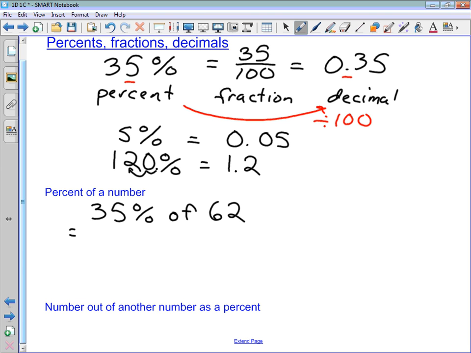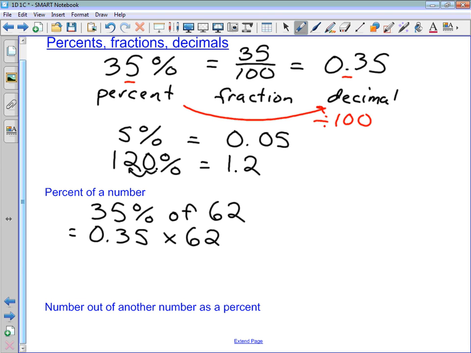What we want to do first, if we've got a question like this, is take our percent and turn it into a decimal. So I've already done that up here. We had 35%. We divided by 100 to get, as a decimal, 0.35. And then we want to take that decimal and multiply it by this number that we're trying to find the percent of.